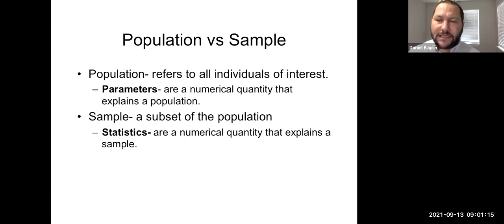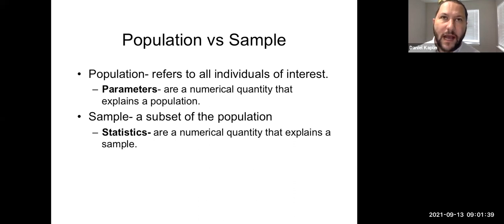So the vast majority of research you have is conducted on samples. Now, the mathematical computations that we use differs when we have a population versus a sample. Now, the sample is a subset of the population.